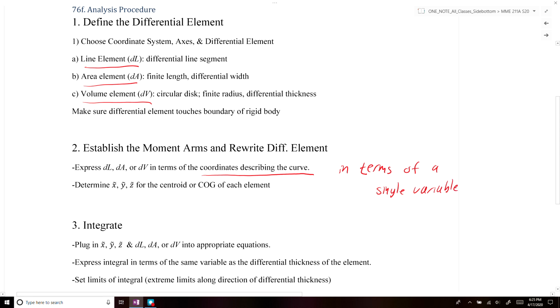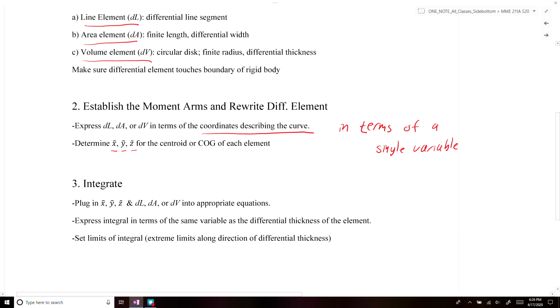And then using those, you need to also determine the x bar, y bar, and z bar, the centroids of each of the elements, or the center of gravity for each of the elements within the total volume, using your differential element. And once you have those defined, you just need to plug them into your equations and integrate. Okay, so after you get through your definitions, all you have left is to integrate, and you'll end up with your final solution.